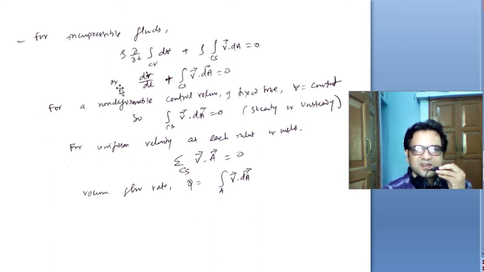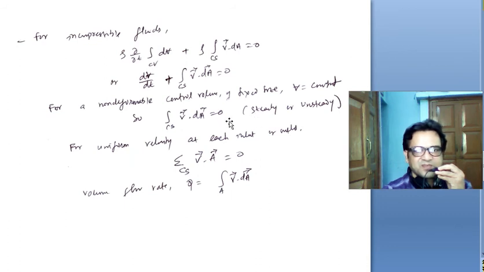So the continuity equation in integral form becomes dV by dt plus integration V dot dA equal to 0. Generally the control volumes are non-deformable, of fixed size, so the volume does not change. So this dV by dt will be 0. So you are left with only integration of V dot dA equal to 0. It's a surface integral. So this is valid for steady flow as well as for unsteady flow.